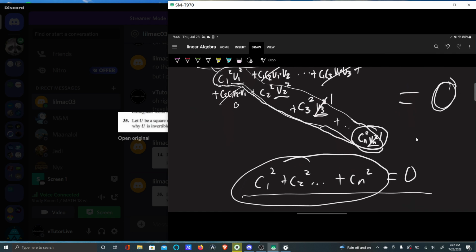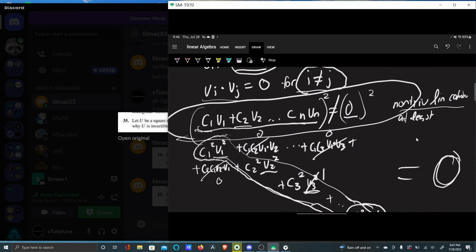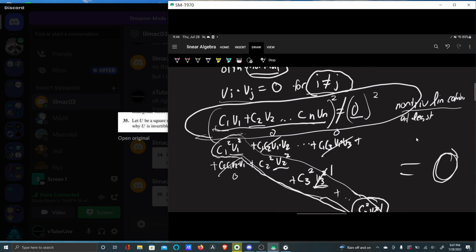Because at least one of these is not 0, this side has in fact got to be positive, whereas this side is 0. So we've used a series of logical steps that resulted in something absurd, which means that the original statement has to be not true. It could not have been equal to 0 in the first place.